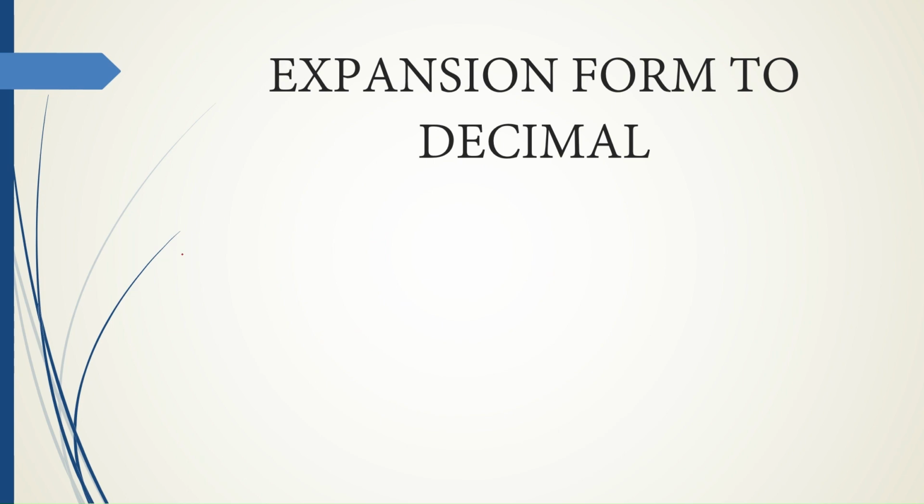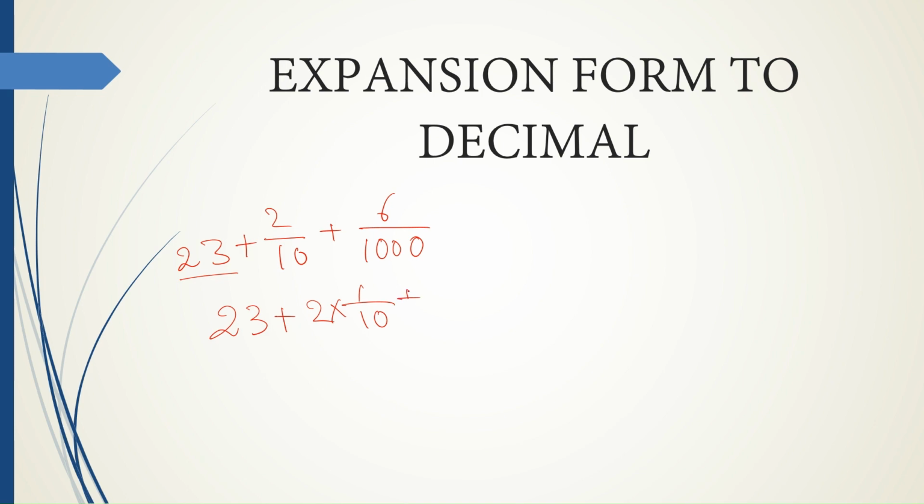Consider the value 23 plus 2 upon 10 plus 6 upon 1000. Now 23 is the whole number part of a decimal number. We'll write the whole number part as it is, plus 2 into 1 upon 10.